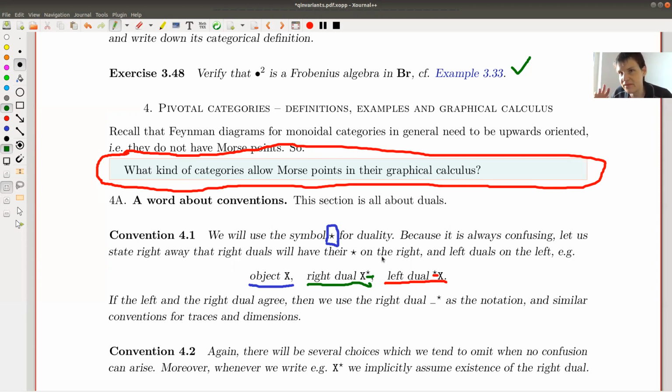It's a bit of a mess in the literature. There are two choices, and I'm just saying the right dual has the star on the right, the left dual has the star on the left. At one point, I will get rid of the ambiguity of having left and right duals anyway. So it's not such a big deal, but just keep it in mind. I use the symbol star for duality.